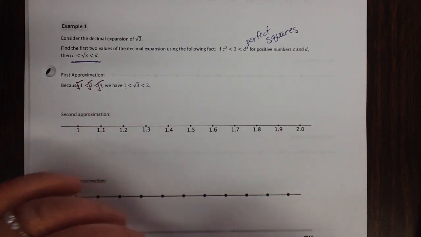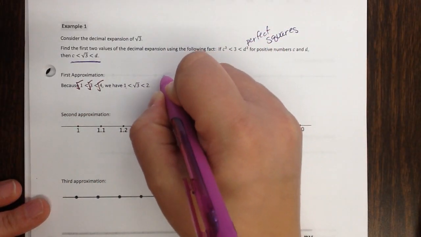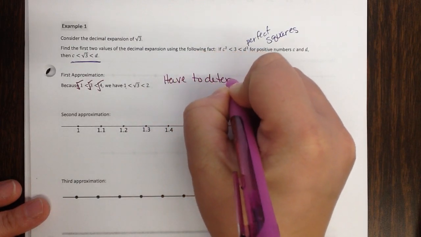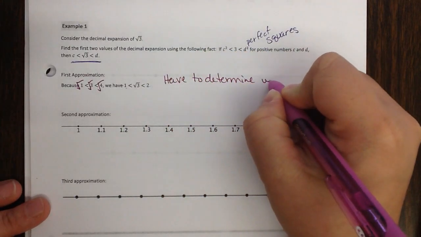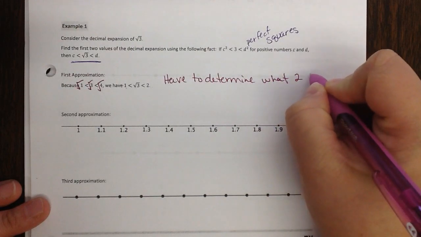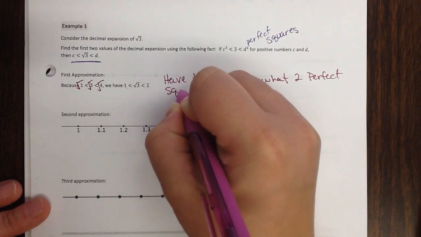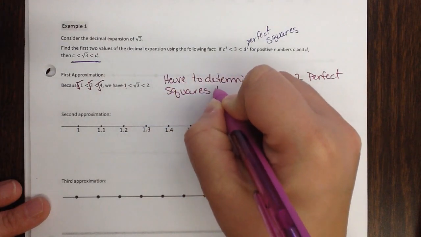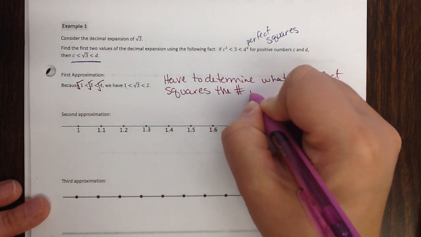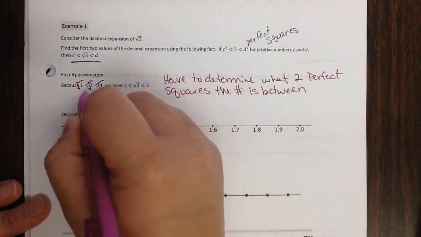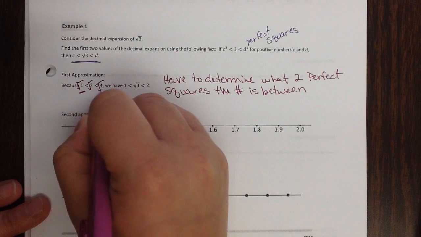So we have to determine what two perfect squares the number is between. And here we determined it was between 1 and 4.